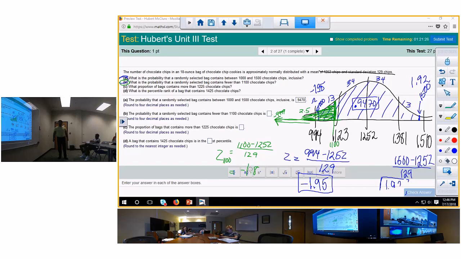All right, 1.18. So, normal CDF from negative 9999 to 1.18. And somebody give me that number. 0.1190. 12%, and I forgot what I said. 13 plus 2 is 15. I said 15%.